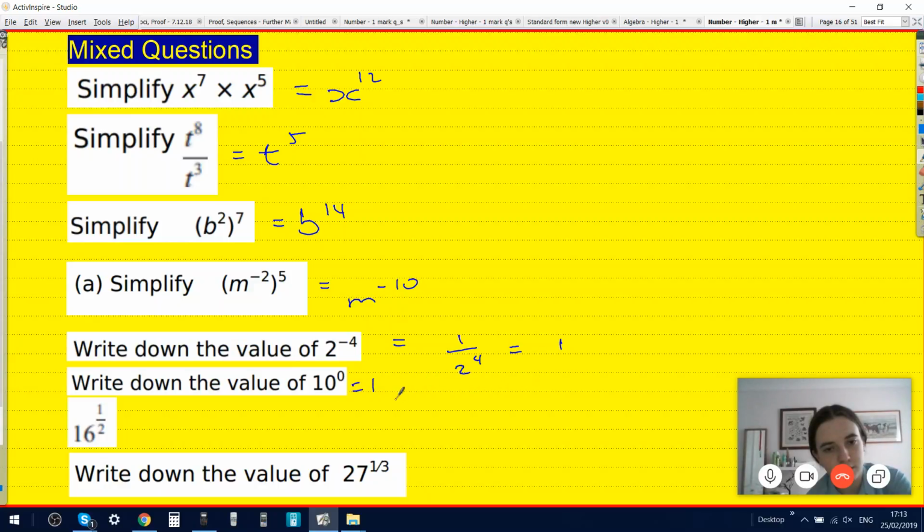Simplify the previous one. Oh, 16. Yeah. 4. 3.